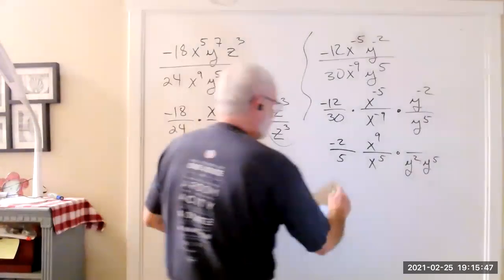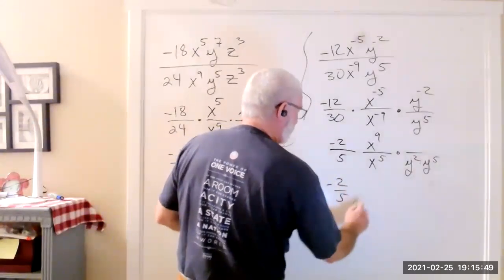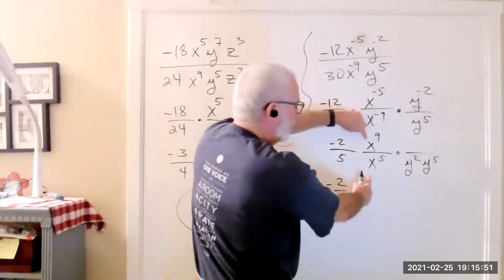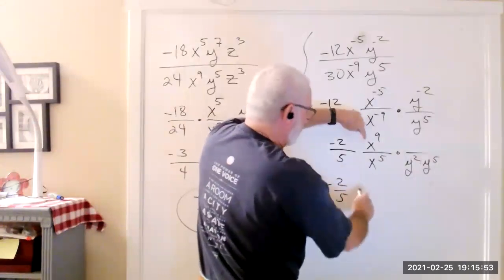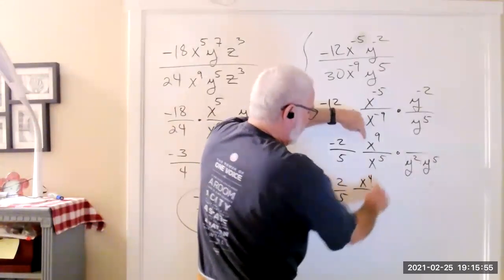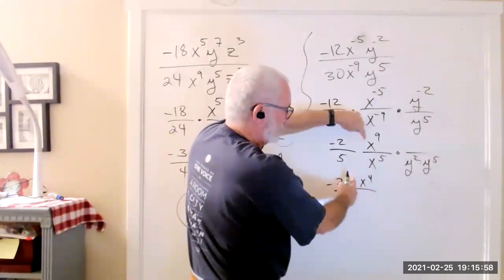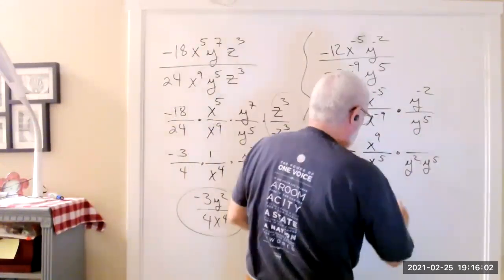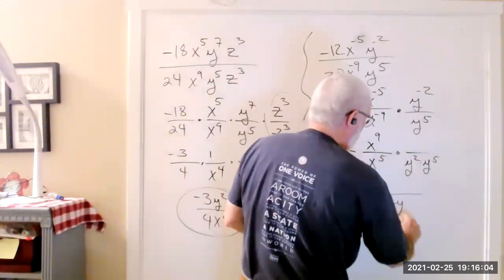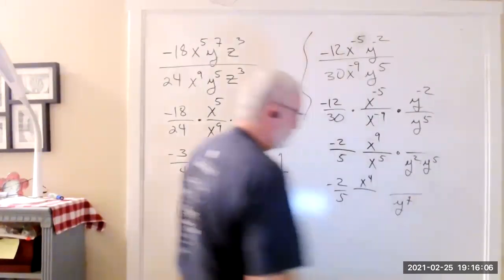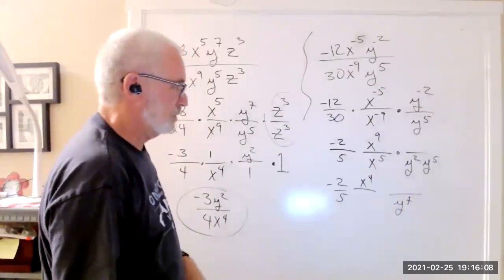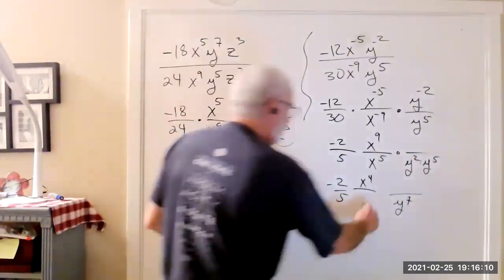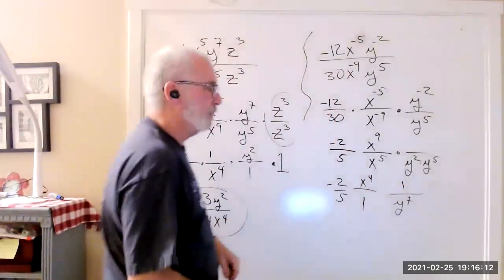So we still have -2 over 5. Here, these cancel out, so we end up with x to the 4 on top. Here, these don't cancel, they just get bigger. We get y to the 7 on bottom. If you want to put the placeholder 1s up there, you can.